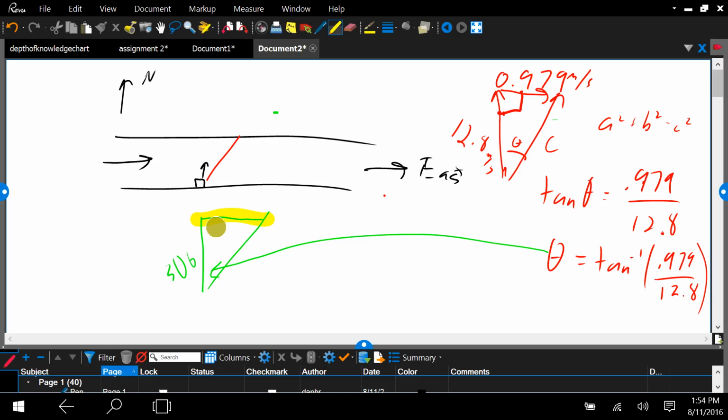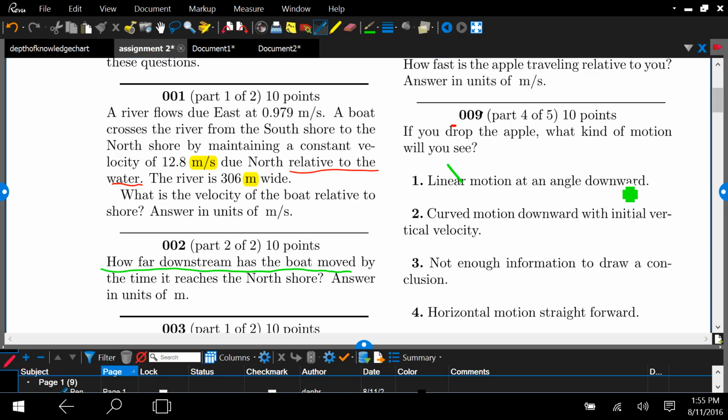So I would have found this angle right here, and then I would use tangent to find the opposite side here. Okay, and so we can set that up and we can say that tangent of the angle, and again, this angle is the same angle you found in the red triangle, is equal to how far downstream, I'm going to call it x right here, divided by 306 meters, okay, I think is the distance we were given.